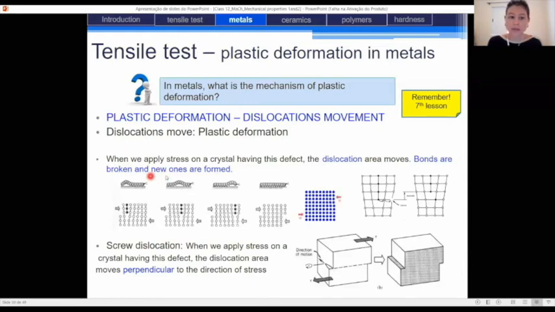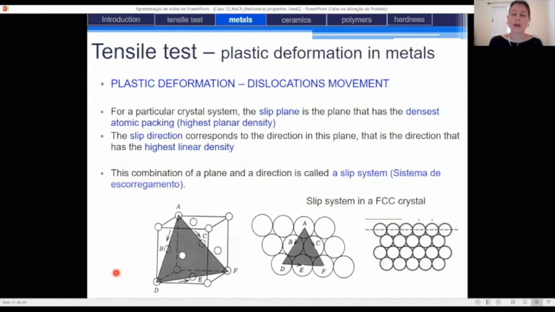So when we apply stress on a crystal having this defect, the dislocation moves. So bonds are broken and new ones are formed. For a screw dislocation or an edge dislocation, the movement is different, in a different direction in relation to the stress. And so this movement does not occur in any direction or in any plane.